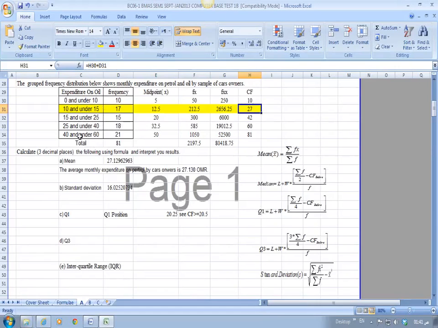These are the classes: lower limit 10, upper limit 15, lower limit 15, upper limit 25, and so on.